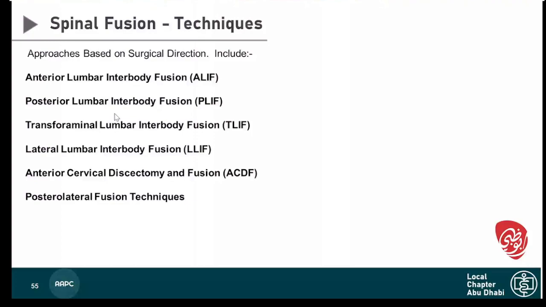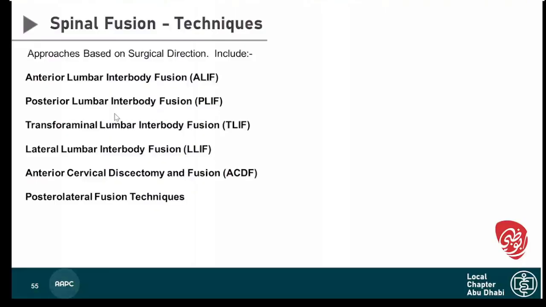That means if spinal fusion surgery is performed in a posterior approach, meaning the patient lies in a prone position and the physician performs the surgery, that is the posterior approach. So we have to select the CPT code for posterior lumbar interbody fusion.